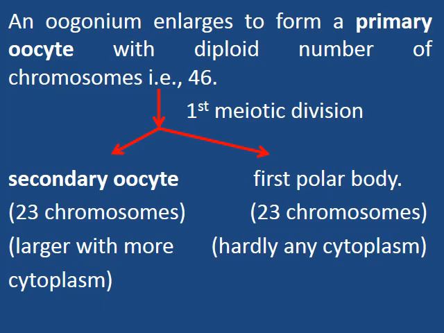An oogonium enlarges to form a primary oocyte with diploid number of chromosomes, that is 46 chromosomes, and undergoes first meiotic division. After the first meiotic division, secondary oocyte and first polar body will develop, containing 23 chromosomes.